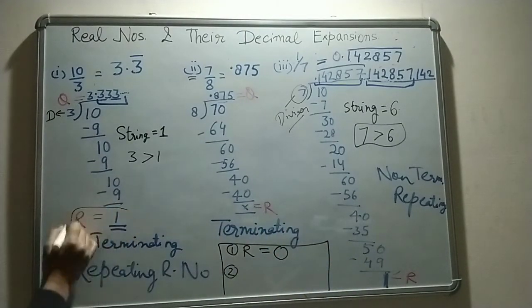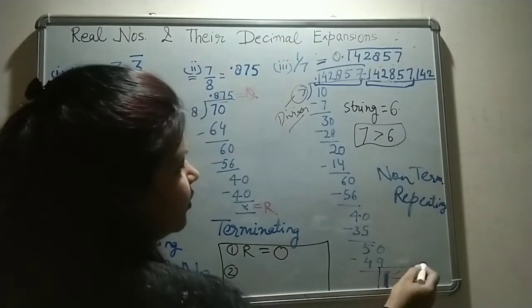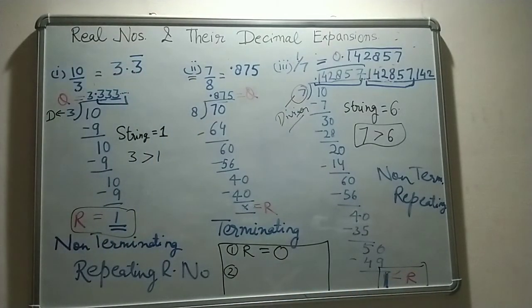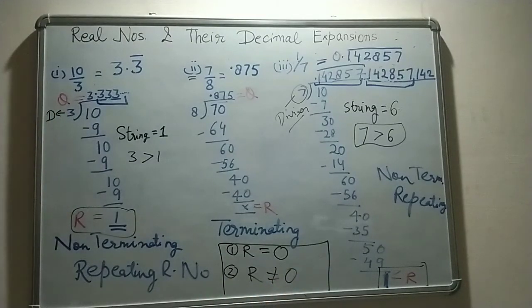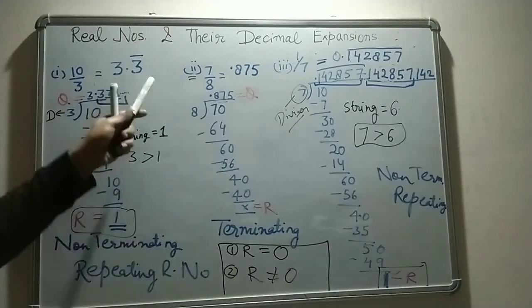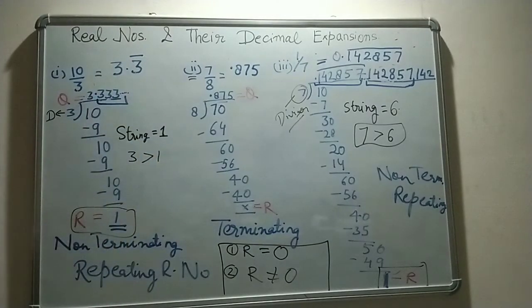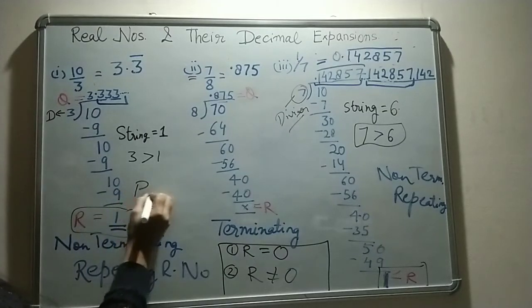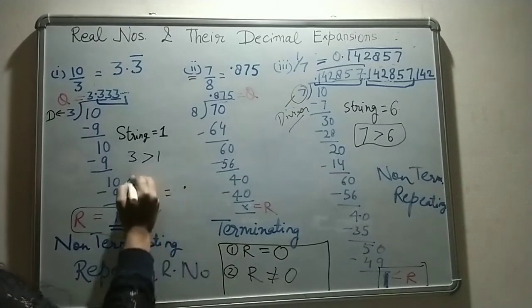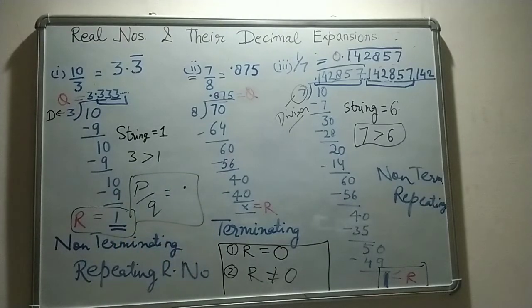We are getting a remainder which is not equal to 0. So there are two major cases when we convert a rational number, P upon Q, into a decimal number.